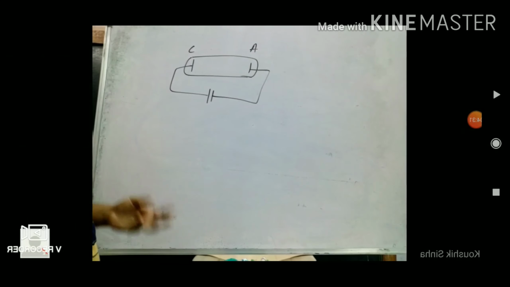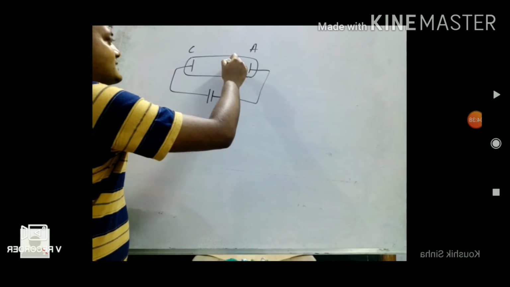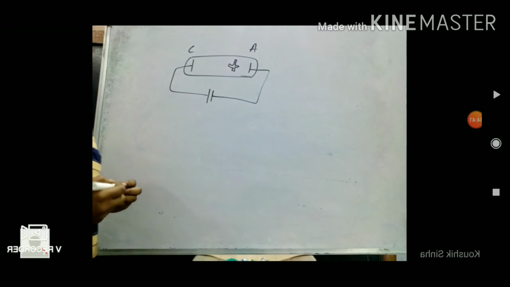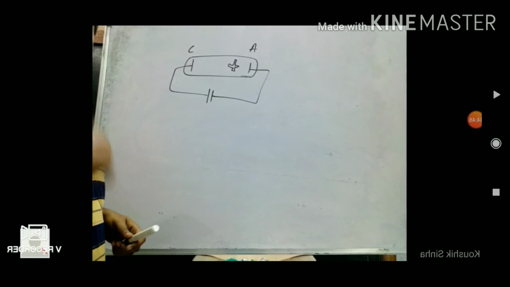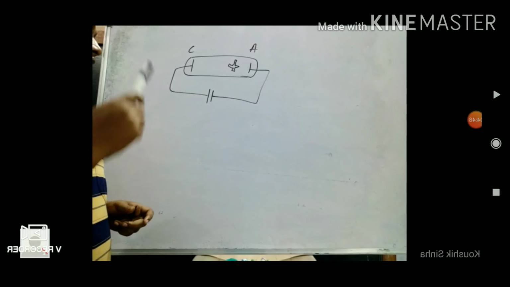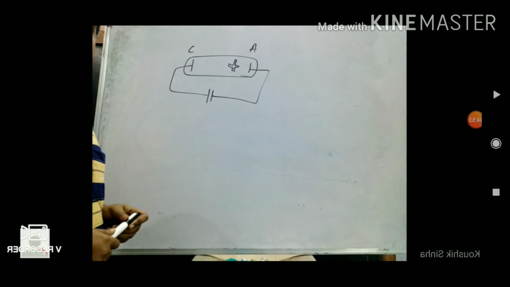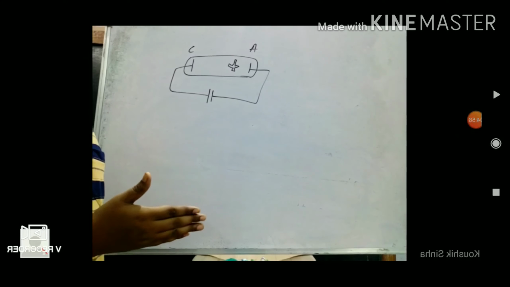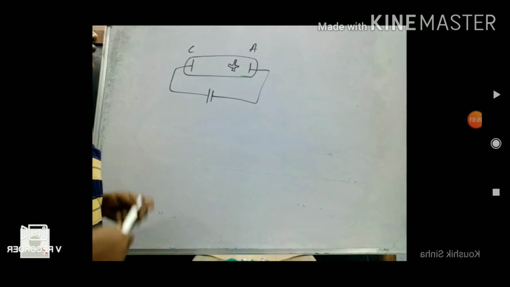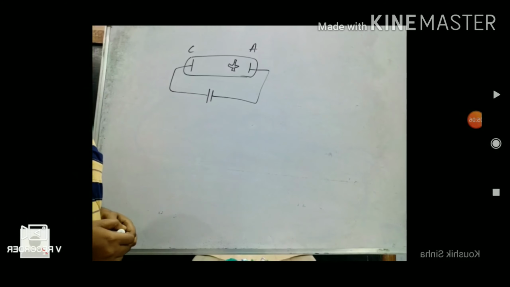If we place a frictionless, weightless wheel in the path of the radiation, the wheel starts rotating. That indicates the cathode ray contains particles. As it contains particles, it has mass, so it has momentum mv. Due to that momentum, the wheel starts rotating.